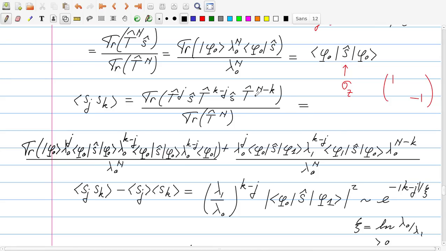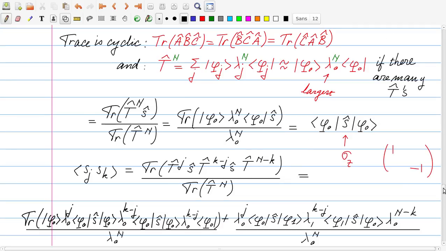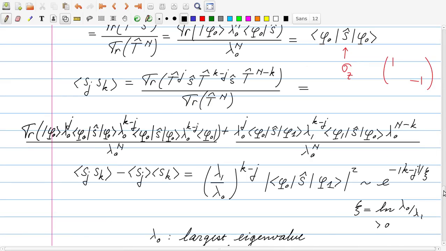And so the first choice I make is to replace everywhere the T by this expression here, phi 0 lambda 0 to the power the number of T's I have, and then phi 0. So first I had j of those T's, so that's this part. That's T to the power j.